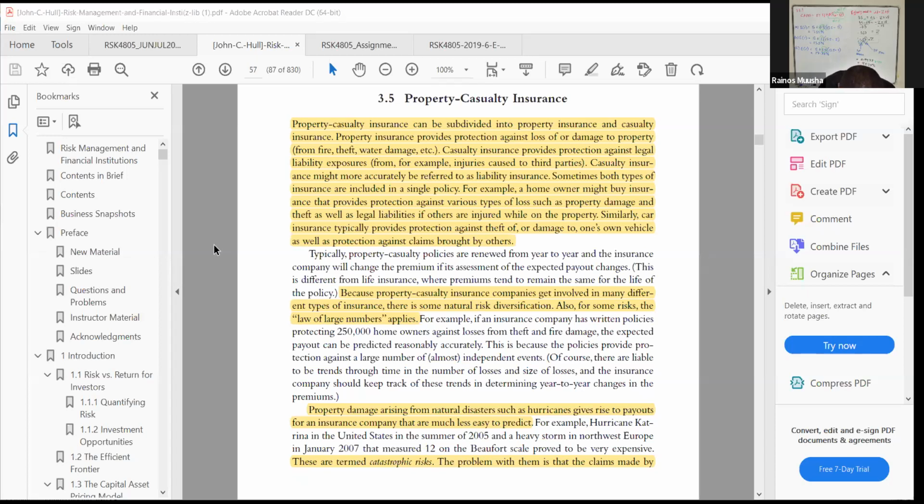Because property casualty insurance companies get involved in many different types of insurance, there is some natural risk diversification. Also, for some risks, the law of large numbers applies.